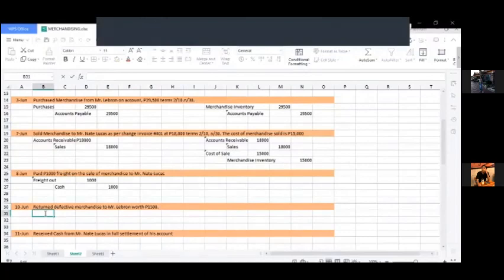Purchase return kapag periodic inventory system. Nag-return tayo kaya mababawasan yung accounts payable. And ano yung i-credit natin? So, ang i-credit natin is purchase return and allowances.